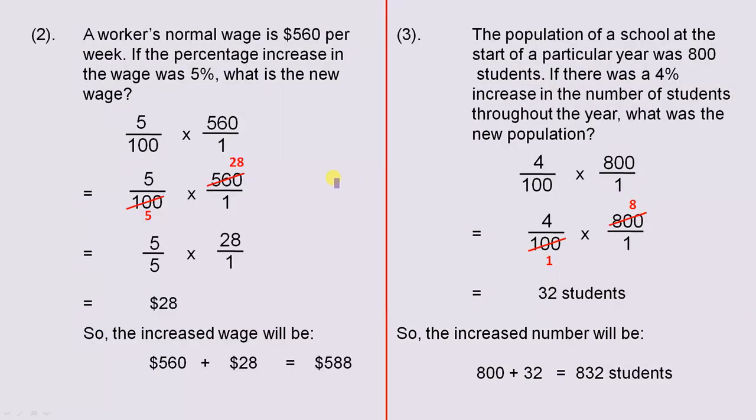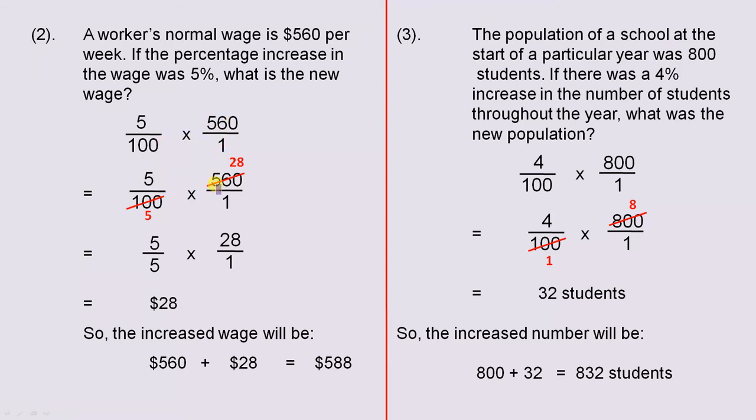Number 2. A worker's normal wage is $560 per week. If the percentage increase in the wage was 5%, what is the new wage? So we find the percentage of the amount as was stated in the guidelines. So it's 5 over 100 times 560 over 1.